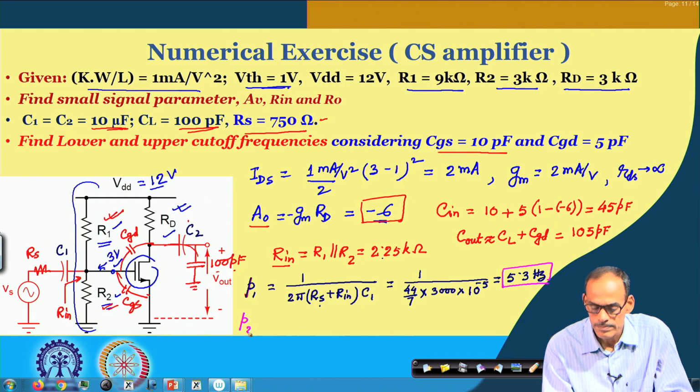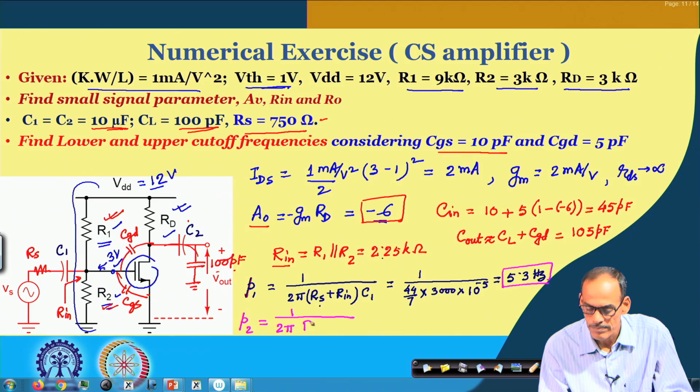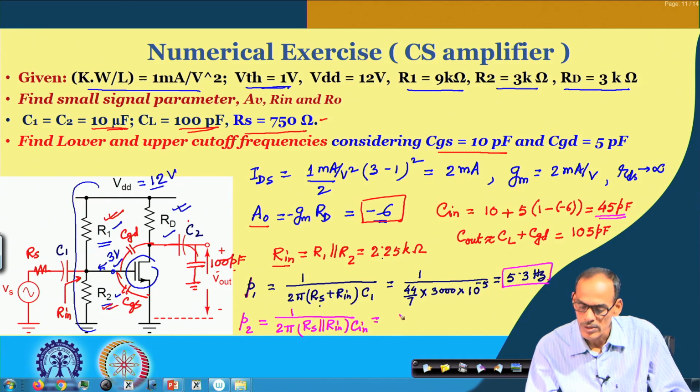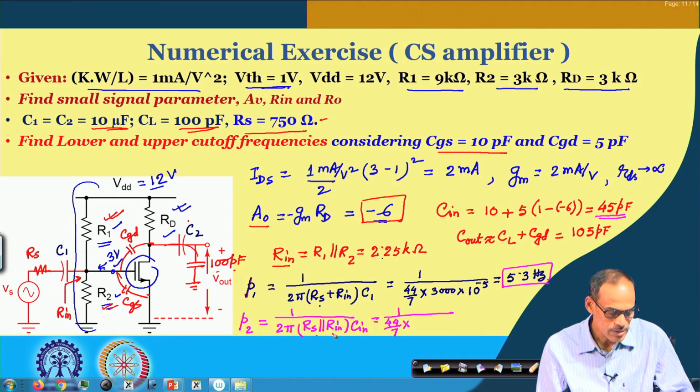Then P 2, which is 1 by 2 pi, then R s in parallel with R in, multiplied by C in, and C in is only 45 picofarad. So these two come in parallel. Let me check my calculation.